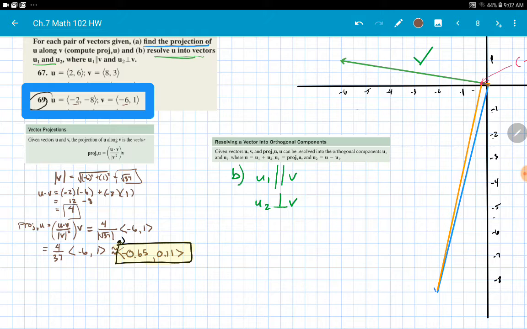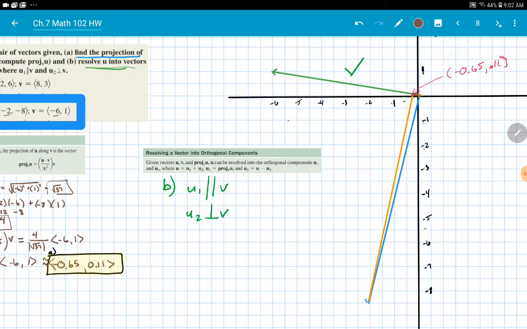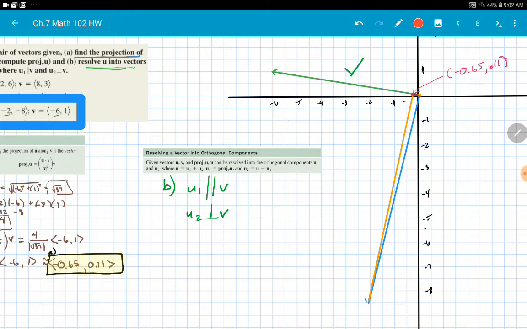Still, the vertical part is still a very, very small little brown vector there, ending at point negative 0.65 and 0.11. All right, so that brown part is the part that is parallel to V.